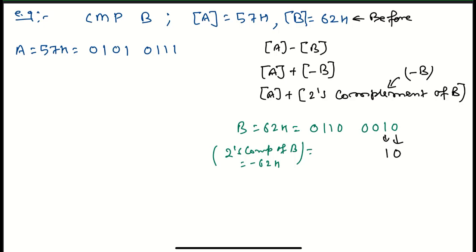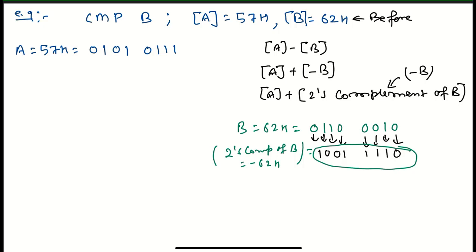So here it will become 1, 0 will change to 1, then this 0 will change to 1, then this 0 will change to 1, then this 1 will change to 0, this 1 will change to 0, this 0 will change to 1. Whatever value we got here is the representation of minus 62H. That should be added here with A, 57H.